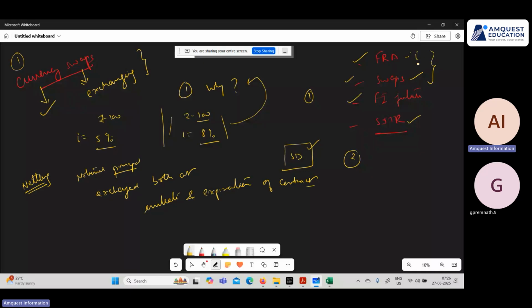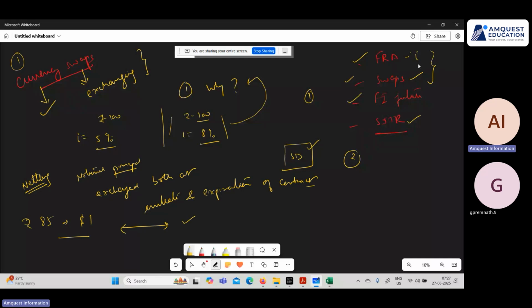And the reason is very simple. If I have to convert my 85 rupees for $1, I have to give away my 85 and take $1 at the start. And we'll talk about what will happen in between.